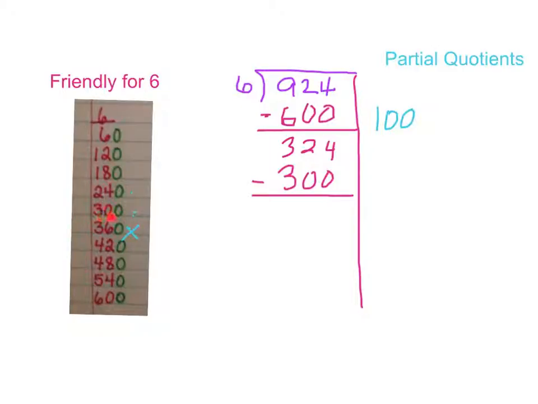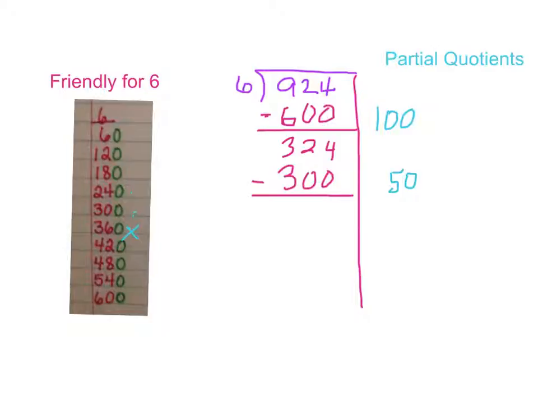You see how there's a 30 in the friendly number here? 1, 2, 3, 4, 5. So 5 times 6 is 30. So 50 times 6 is 300. So I record that 50 over to the side in the partial quotients area.